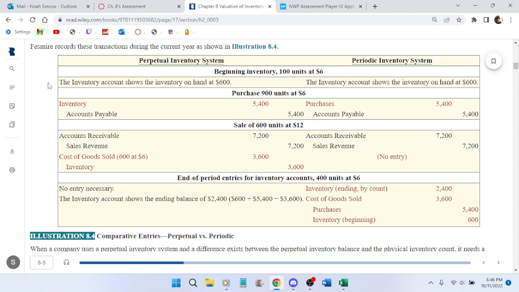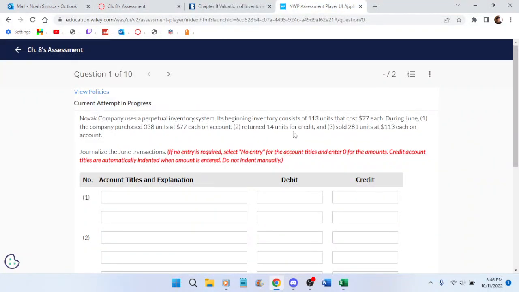So, purchase some units, you increase inventory and increase accounts payable because you purchased it on credit. And then you sold units and then blah, blah, blah. So first of all, you purchased... I don't need to rush. I have over 4 hours to do this.